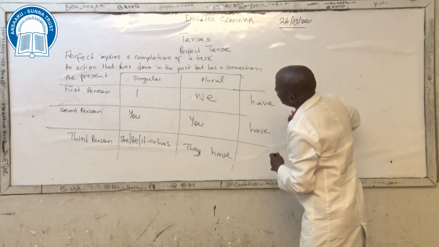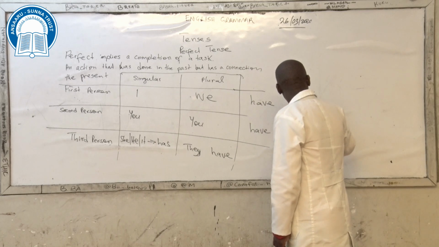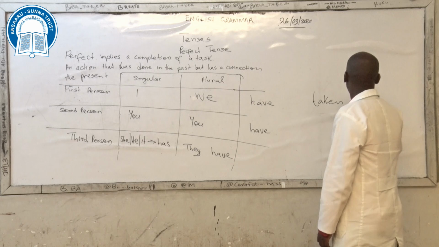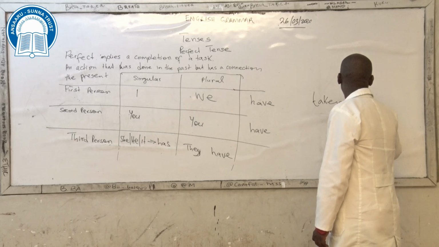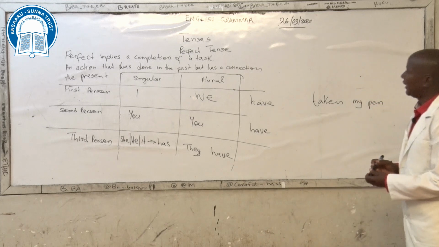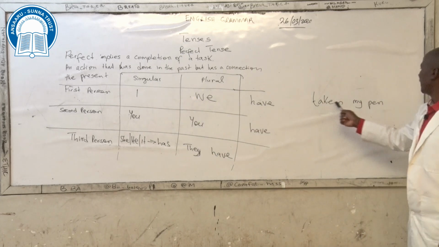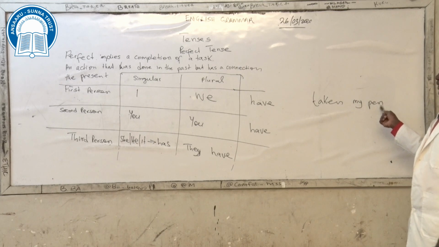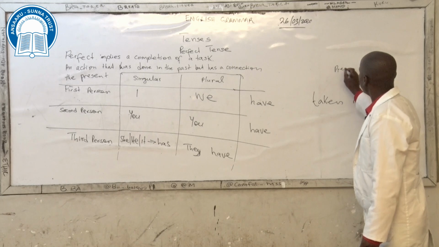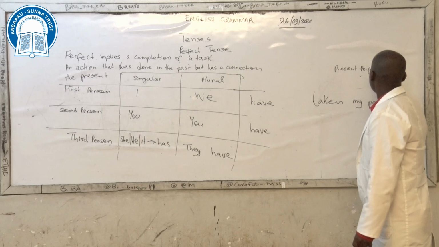So we can say, I have taken my pen. That is perfect, we call it present perfect tense.